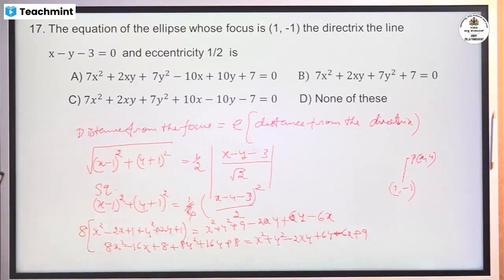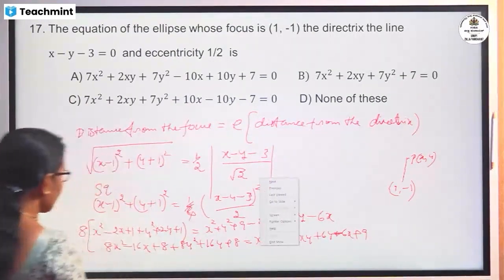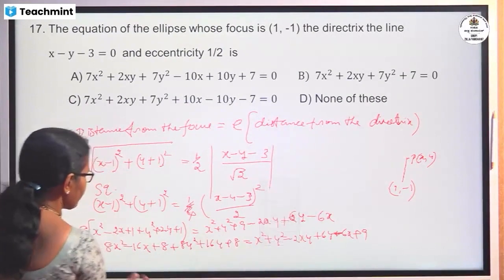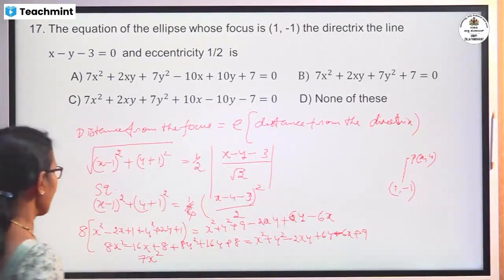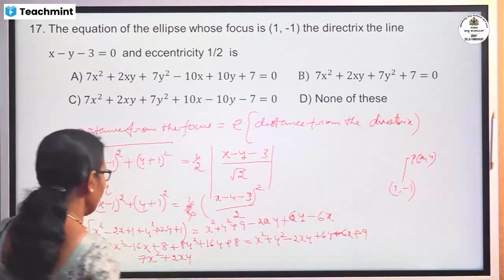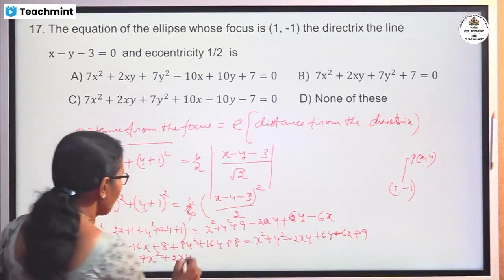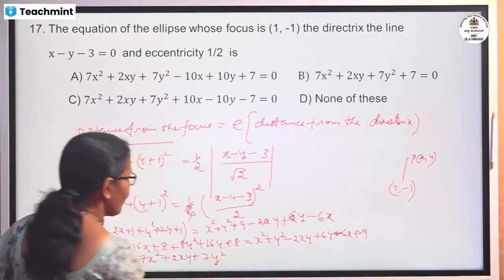When we simplify, 8x² minus x² gives 7x², next plus 2xy, and 8y² minus y² is plus 7y².